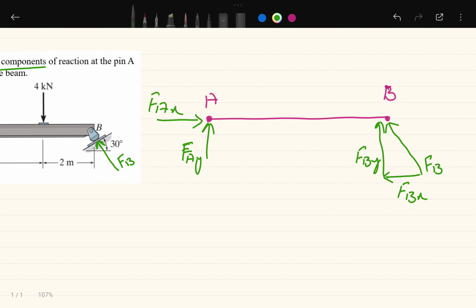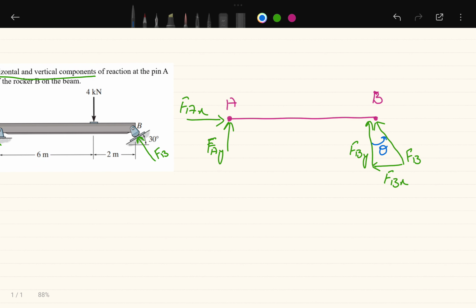Okay, although we would need to find out those components, which would come in very handy, would be the angle that FB makes with the vertical axis. So this would be important in order to find out these components. So first of all we need to figure out that angle.